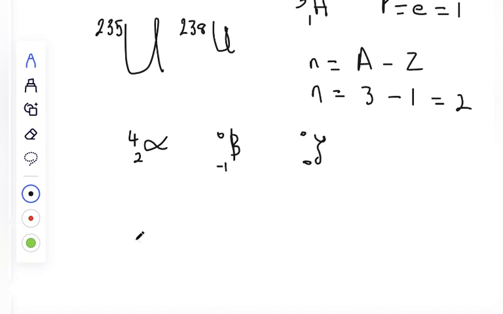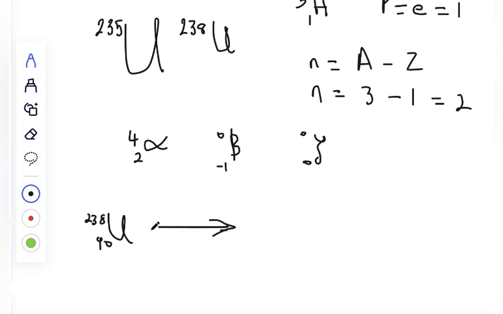Now, in the case of uranium, it undergoes an alpha decay. For example, if you have uranium-238, the atomic number I think is 92. So we can have 92 here. This can disintegrate. You know the meaning of disintegration: break, decay.